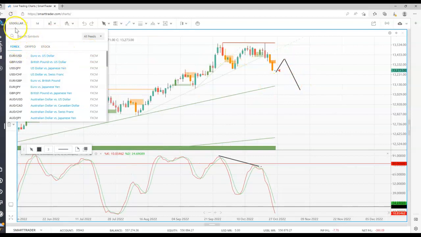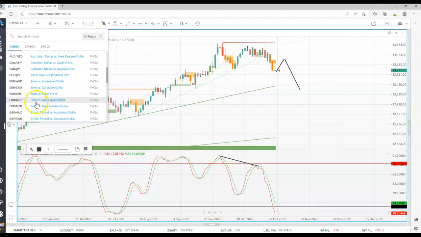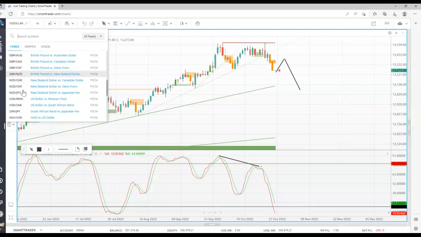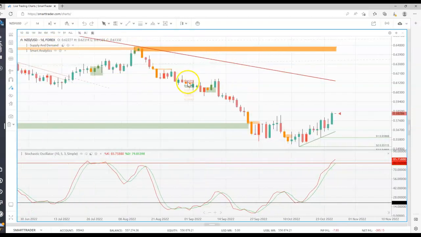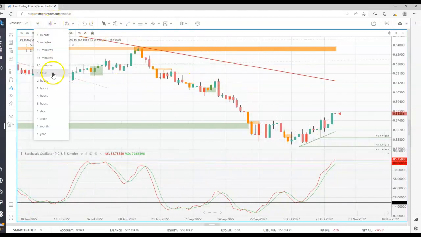So again, I don't trade the US dollar index, but I do trade the euro dollar, the pound dollar, USD yen, USD Swiss, Aussie dollar, New Zealand dollar. So any currency that is paired up with the US dollar, I would trade. And of course, you use the dollar index to help you with direction.